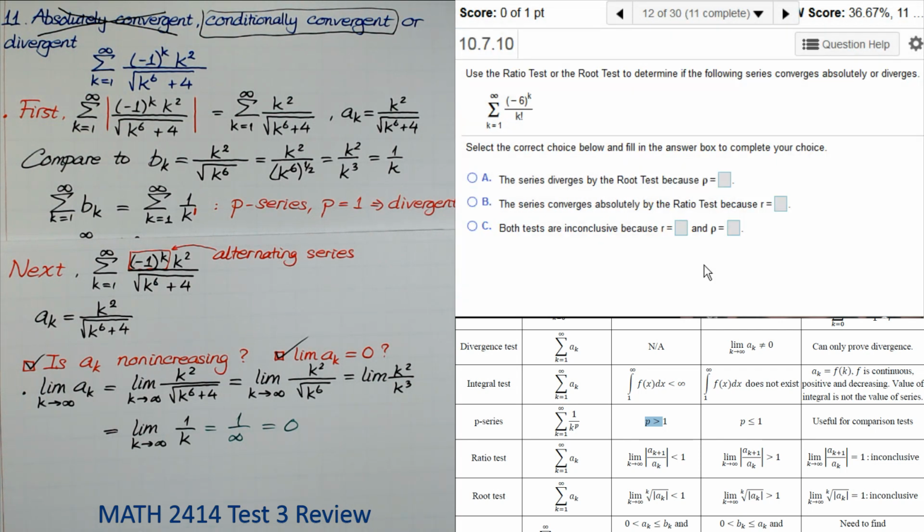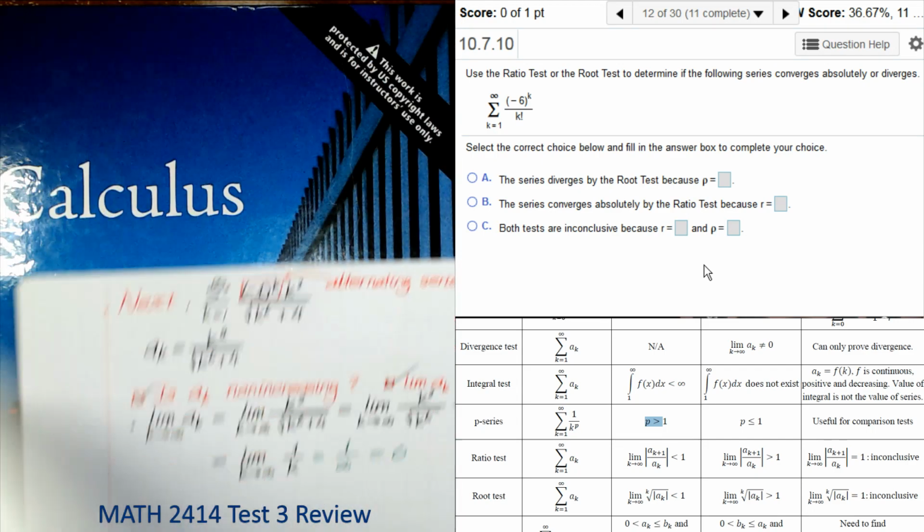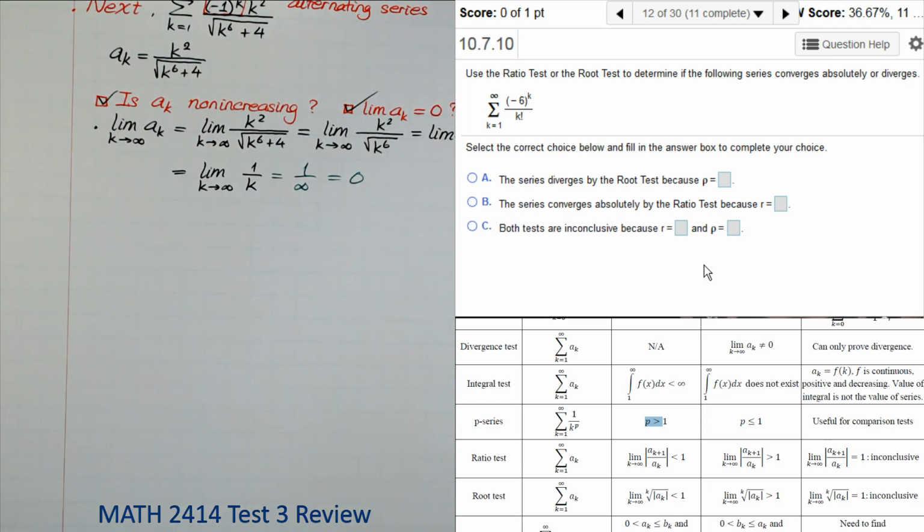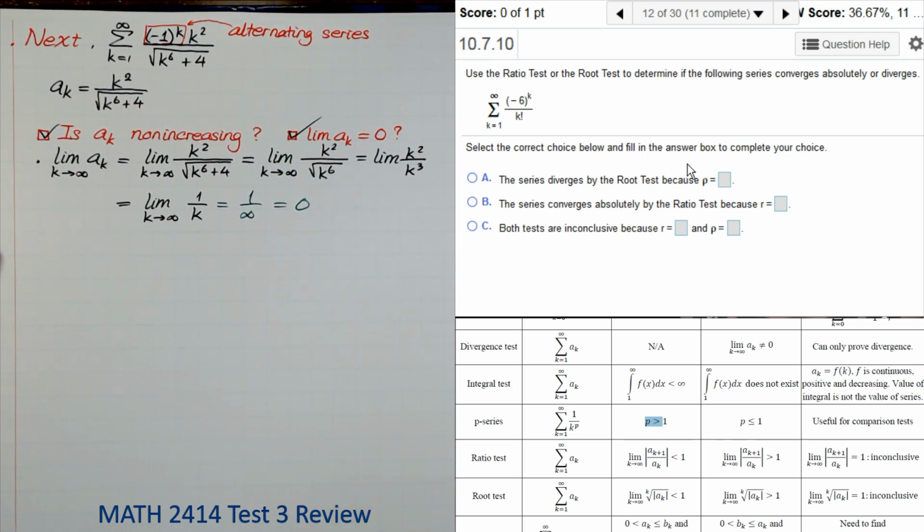So we expect something similar, I mean, something less complicated than this problem, because we have to take the derivative of that. It's not impossible, but a little more than what I want to ask for on the test.